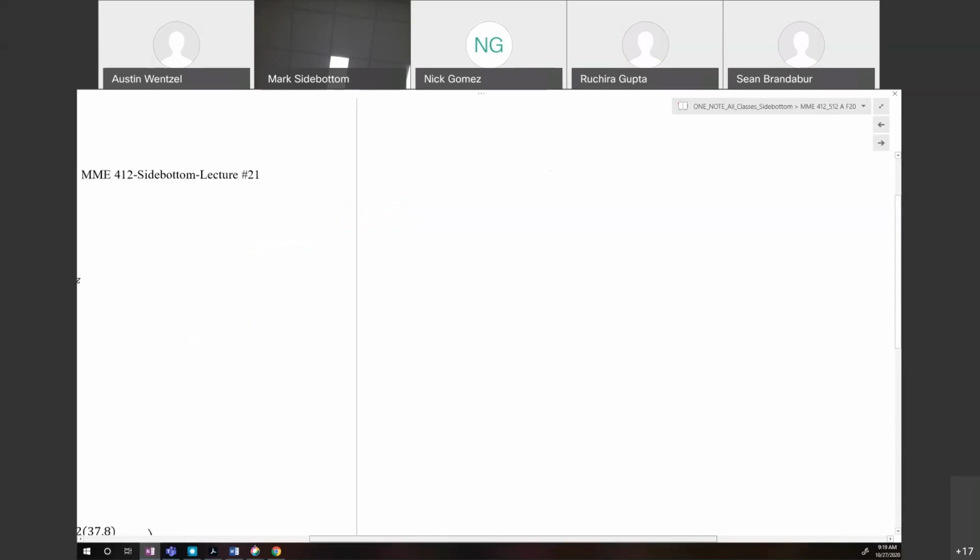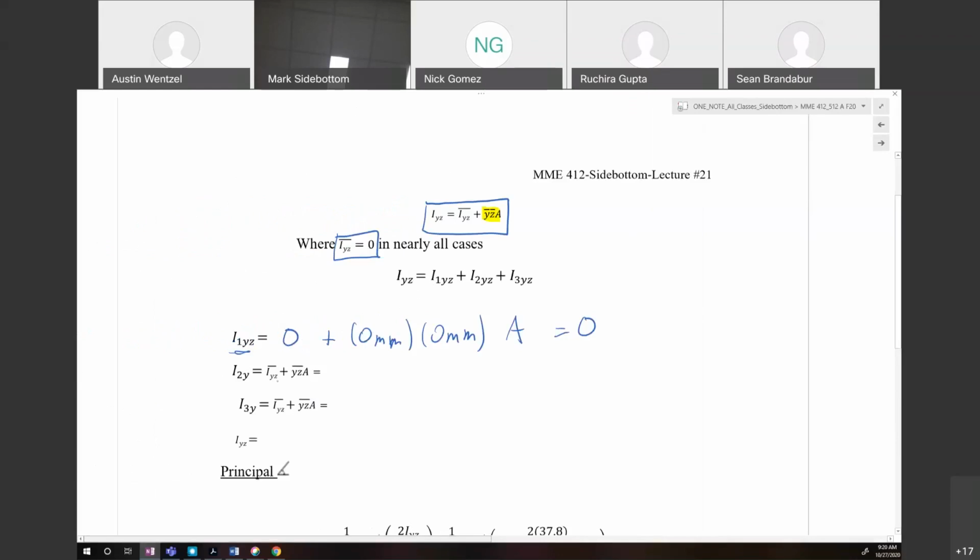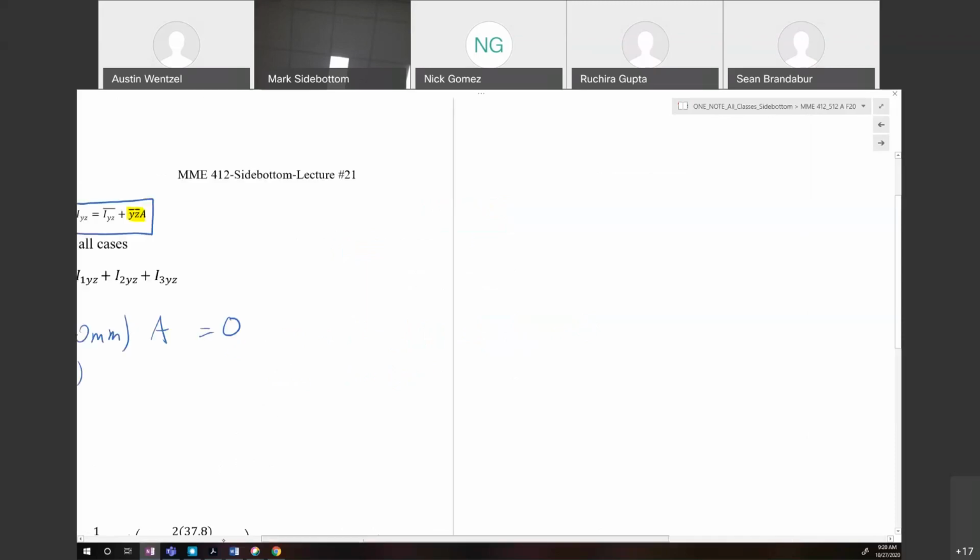So we end up getting that I1yz is equal to 0. I2yz is going to be equal to Iyz bar plus yz times A. For yz times A, we're going to get 9 millimeters for the distance between the y-axis and the centroid, and then we have 17.5 for z.